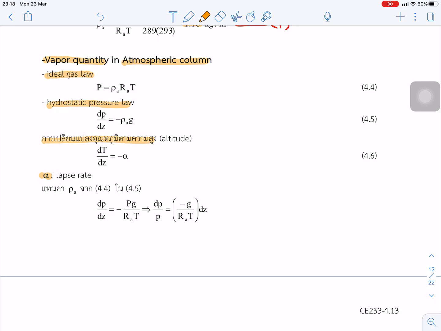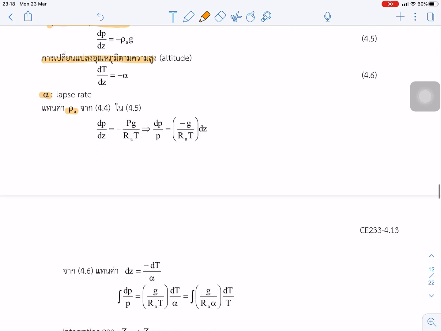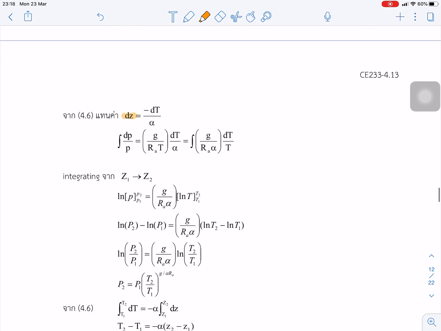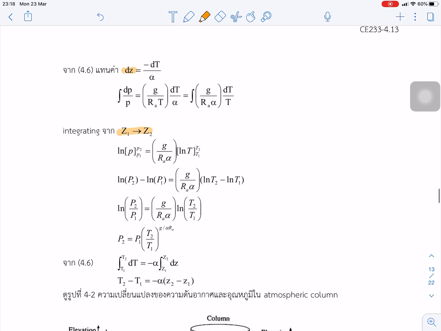Next we substitute rho a from equation 4.4 into 4.5, and then we substitute dz in the same equation and do integration from z1 to z2, and we get this relationship between P1 and P2.